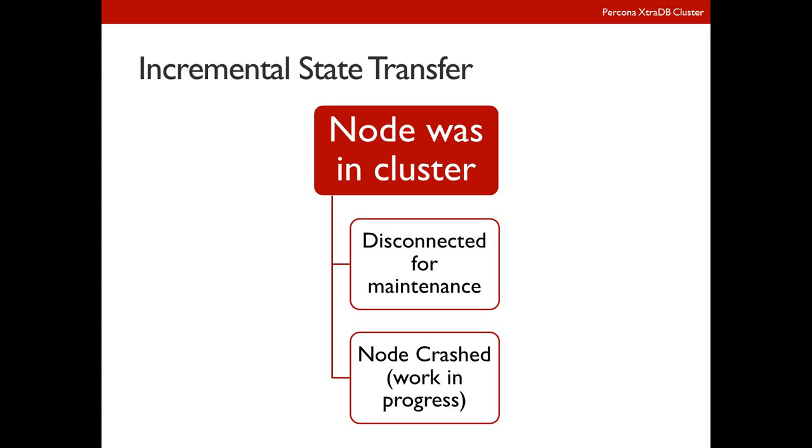Yes, it still happens, MySQL can crash. Unfortunately, at this moment after a crash, the node has to perform a full snapshot state transfer. This is a limitation which we and Codership are working on, and incremental state transfer after a crash will be available in following releases.